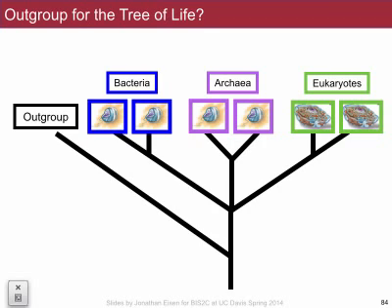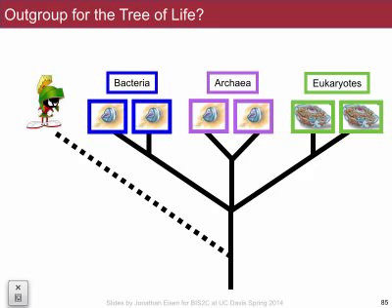So what is the outgroup here? This is all of life, all modern taxa in the tree of life that at least Woese could characterize at the time. So this is the problem with resolving this tree: nothing is the outgroup, nothing that we have modern data from in terms of taxa.